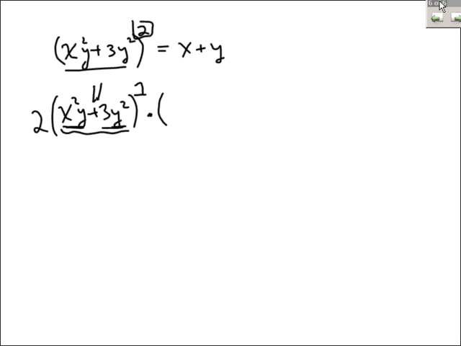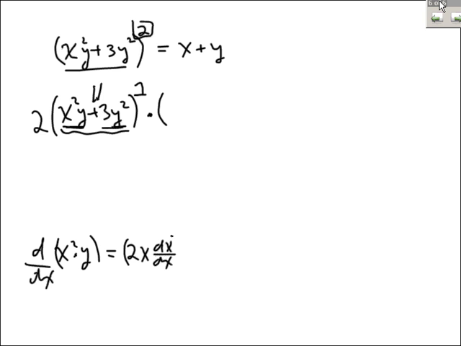So the derivative of x squared y, and I'm asking you to take it with respect to x, well, it's a product rule. So it's the derivative of the first, which is 2x. Now x squared is in terms of x, and we're taking the derivative with respect to x.